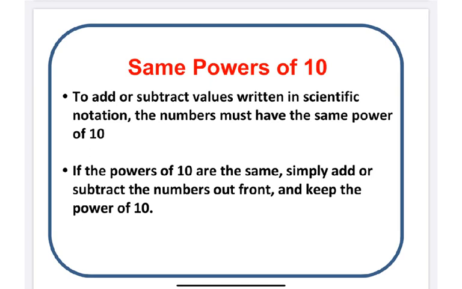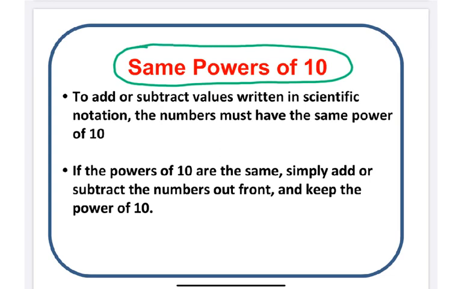All right. So when we are adding and subtracting, there are two things we need to make sure of. And one of those is the power. If it's to the same power, 10 to the 9th, 10 to the 9th, you add or subtract the values that are in scientific notation.